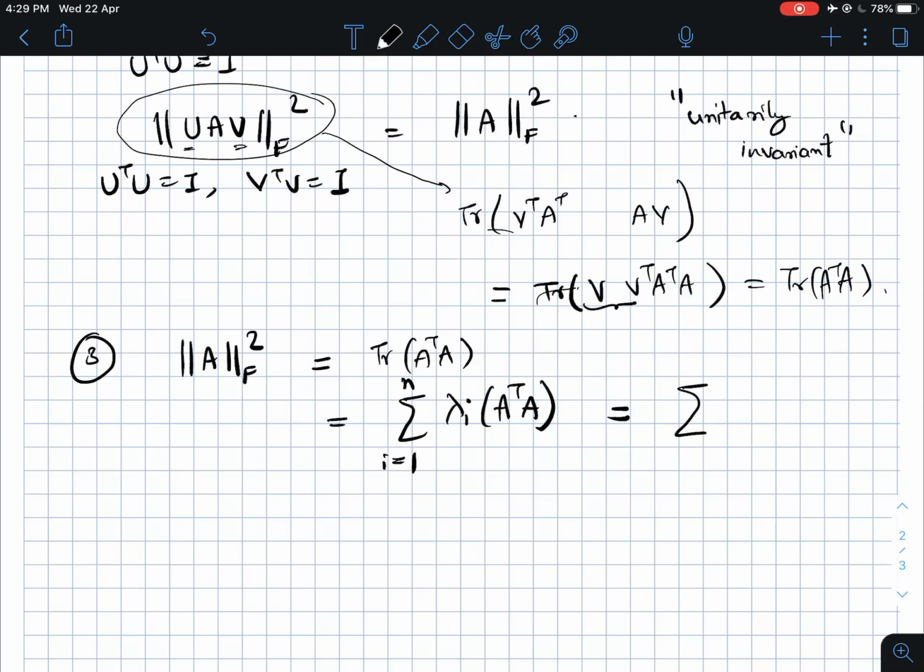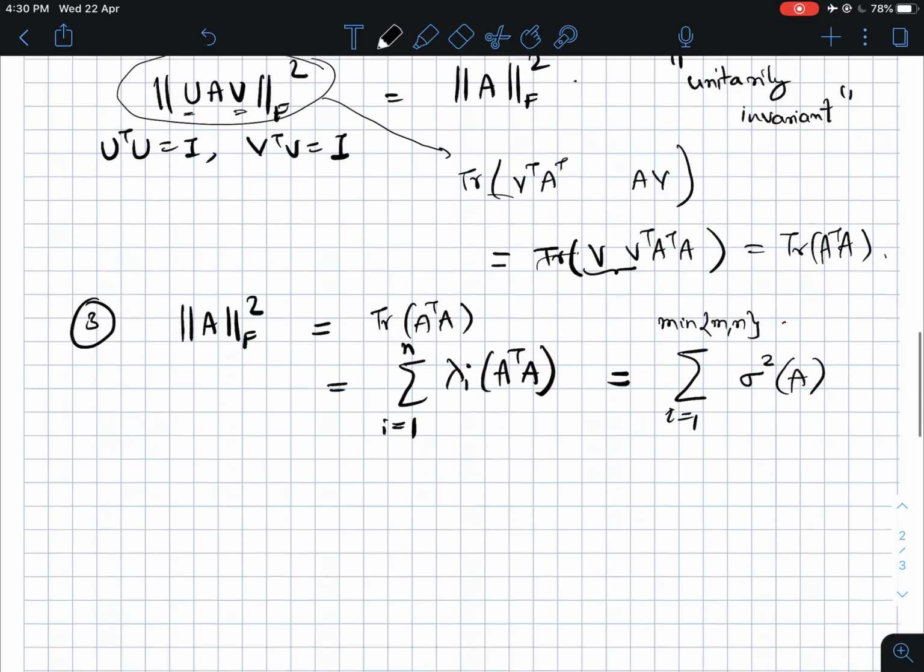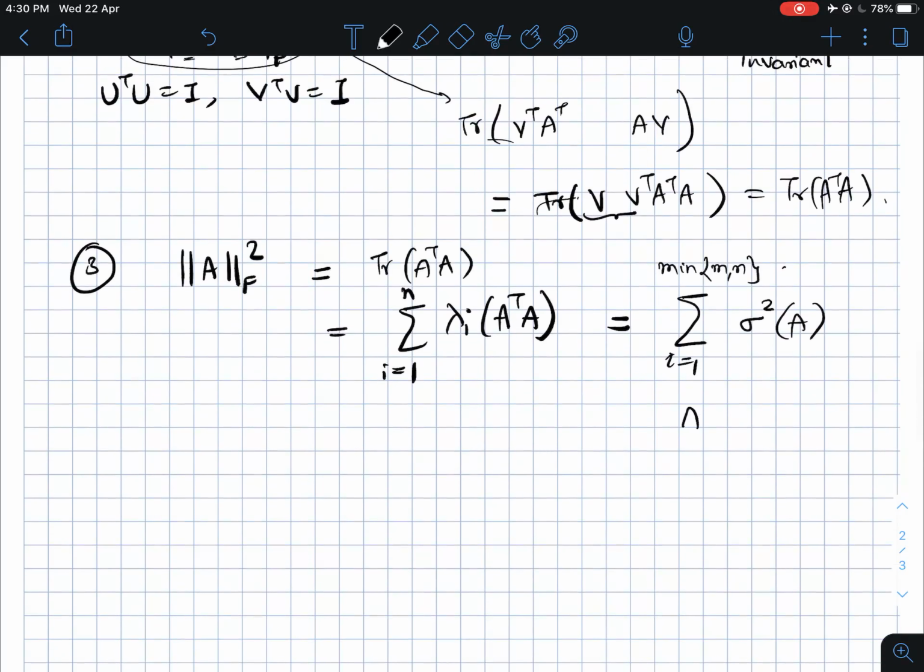I would like you to recall that this is also the same as the sum of the squares of the singular values of A, i equal to 1 to min of m comma n. Just a quick recollection: the singular values of a matrix come from the SVD.